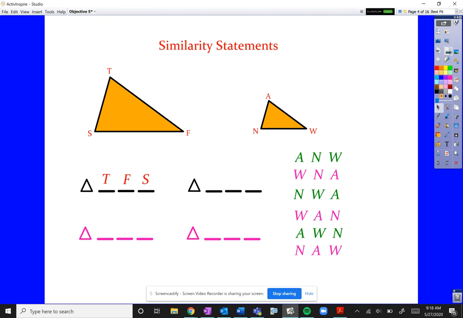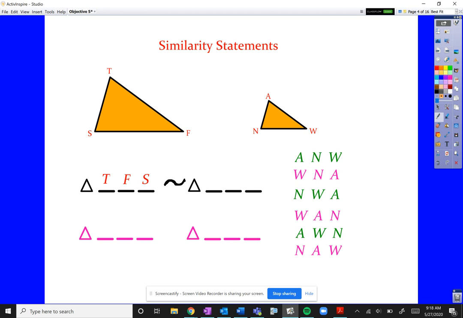So when we talk about similarity statements, here's the symbol that we use. It's just this, I believe it's called a tilde, and it's the thing that actually comes above the congruence symbol. But anyways, it's not an equal sign. We use this curvy sideways S or number 2.